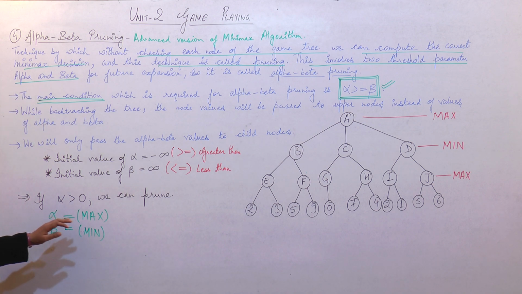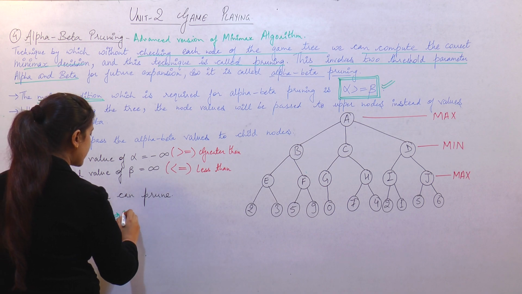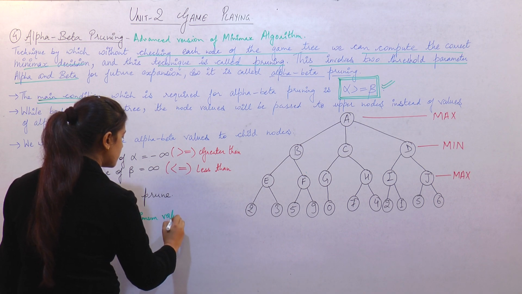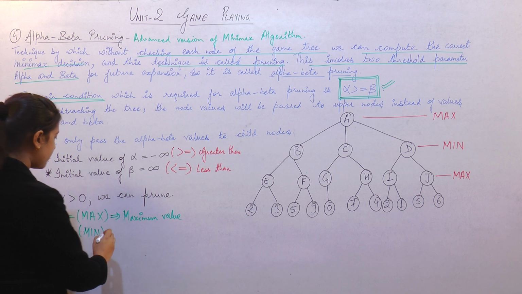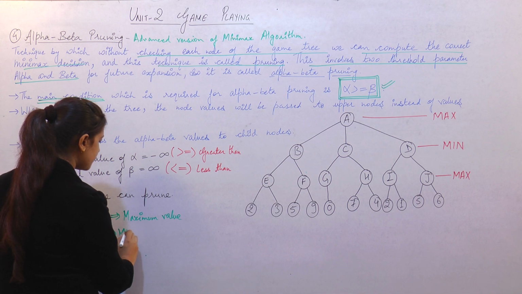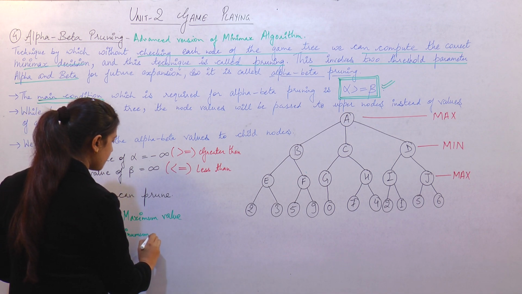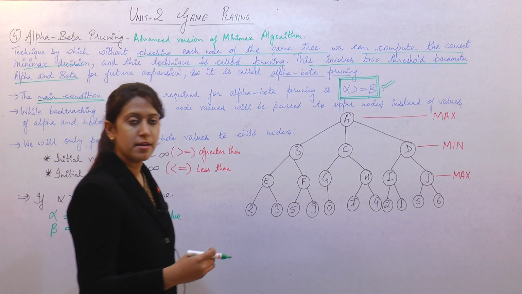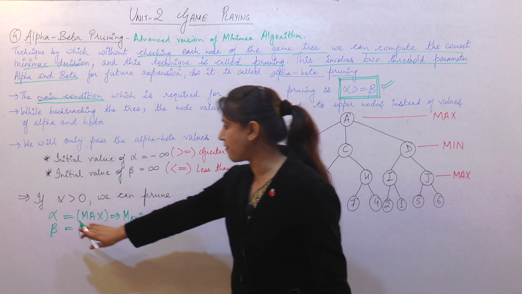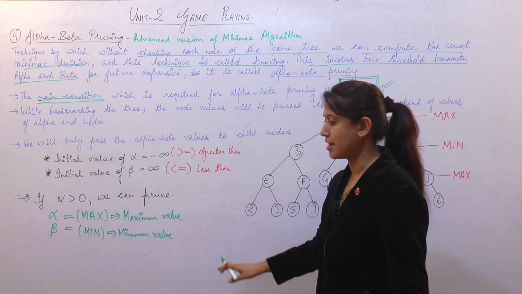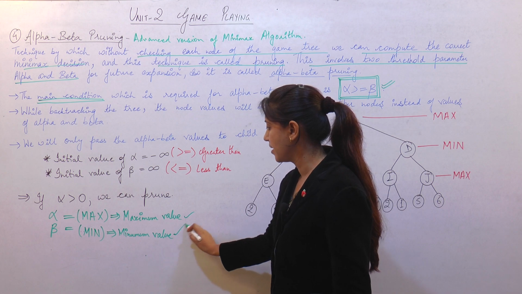So alpha will calculate the maximum value from the available values, and beta will calculate the minimum value from the given values. In this way alpha and beta will play the game tree and calculate the values, alpha with maximum value and beta with minimum value.